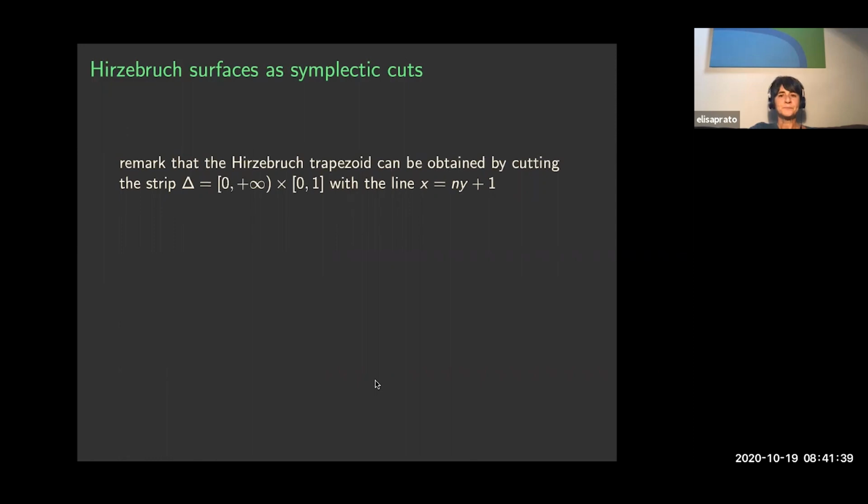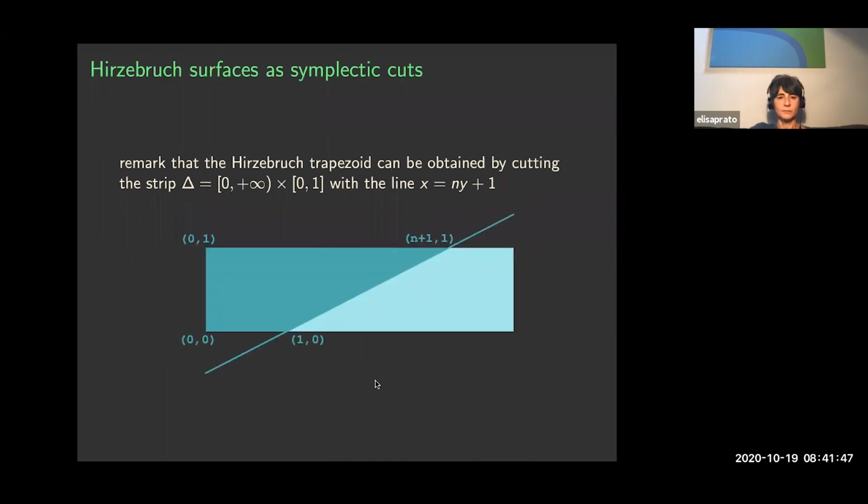So going back to my joint work with Fiammetta and Zaffran, an interesting remark is that the Hirzebruch trapezoid can be obtained by cutting the infinite strip 0 to plus infinity times 0, 1 with this line x equals ny plus 1.